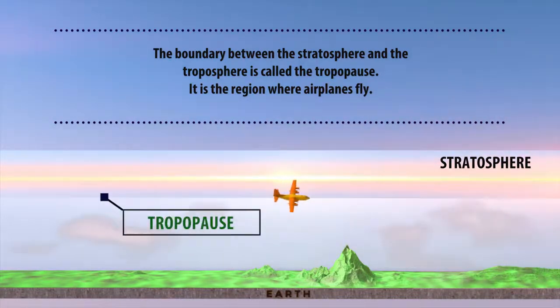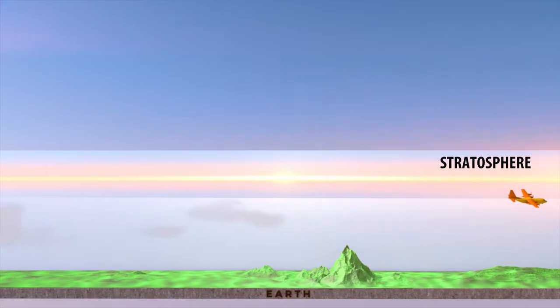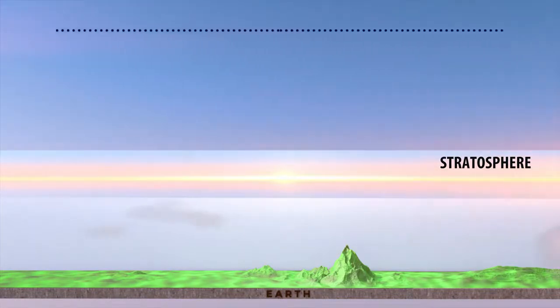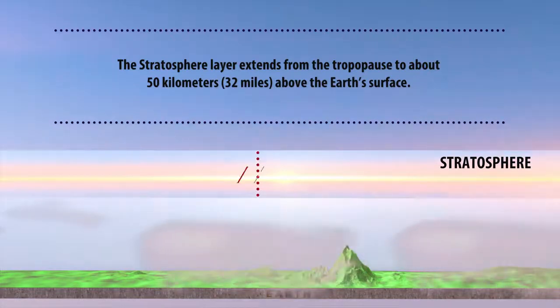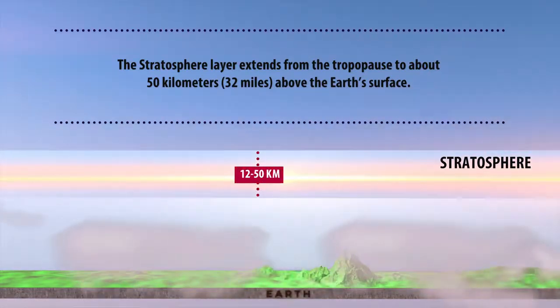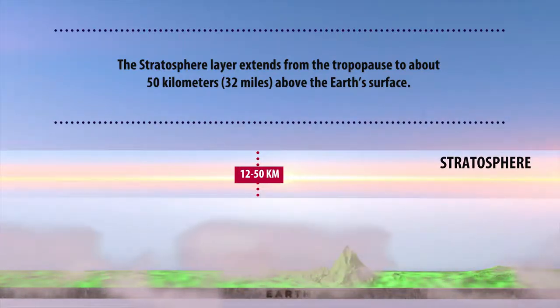It is the region where airplanes fly. The stratosphere layer extends from the tropopause to about 50 kilometers or 32 miles above the Earth's surface.